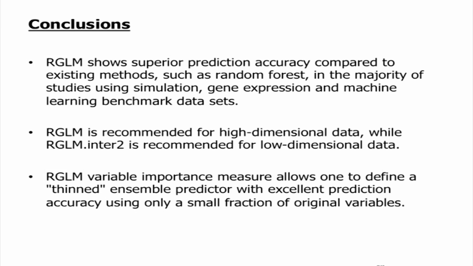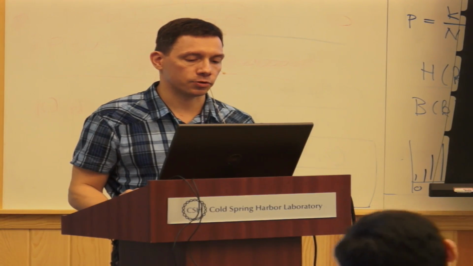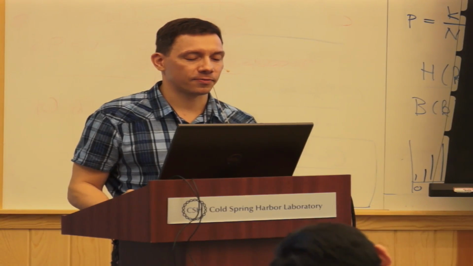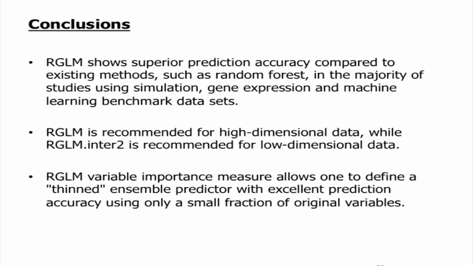There's an option where you say, I want pairwise interactions, or I want interactions comprised of 3 terms. But we have never found that 3-way interactions are better than 2-way interactions. Not a single data set where it worked better.